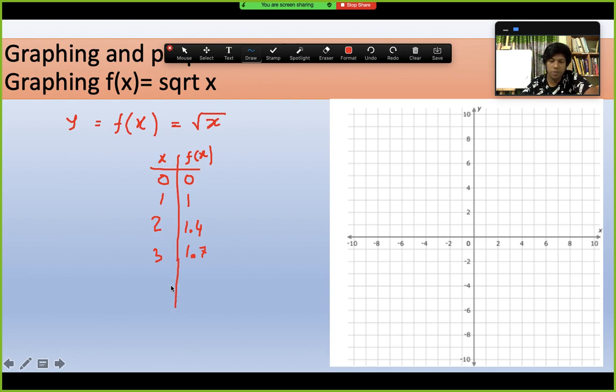We can continue putting values. Let's say we put 9. Then the square root of 9 equals 3. Now if we put minus 1, it is undefined, because the square root of a negative number is undefined.